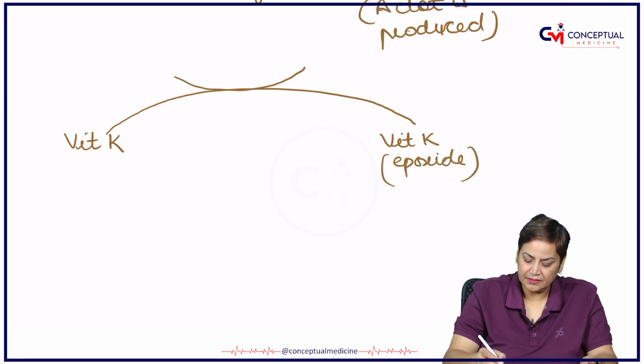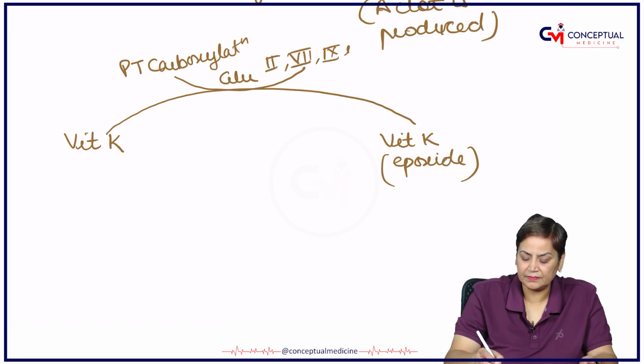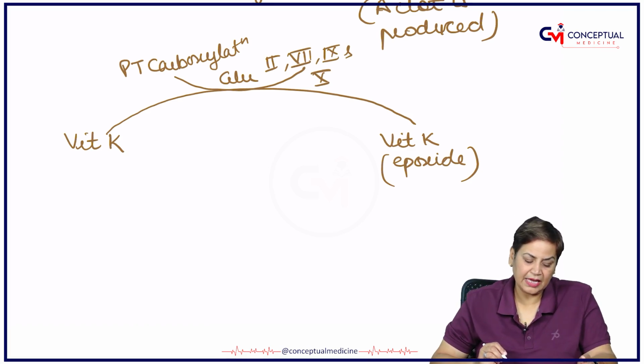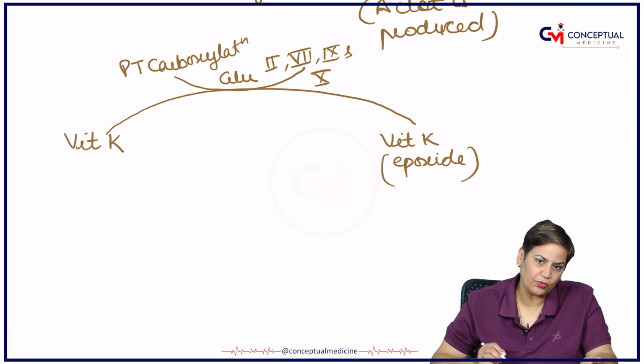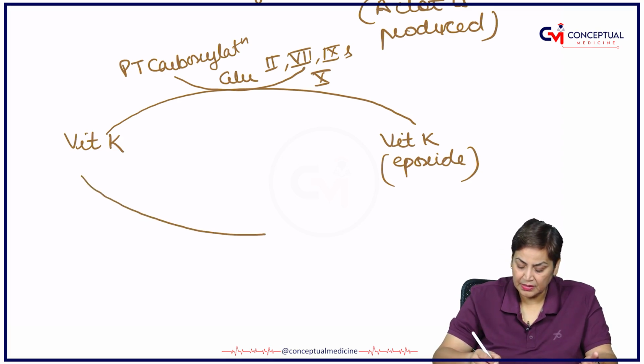And here post-translational carboxylation of glutamate of factors 2, 7, 9 and 10 takes place. Now this vitamin K epoxide, once its function is over, has to be converted back to its original form.